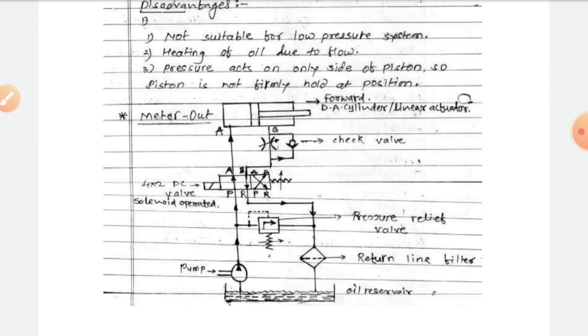On the return line we can mount the flow control valve, and we can control the flow by using the flow control valve in a return line of a hydraulic system.